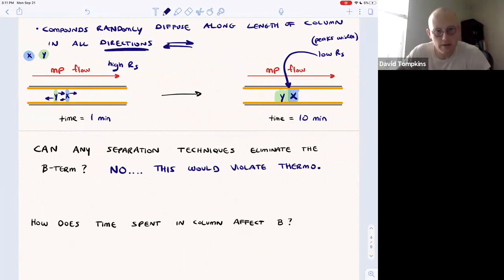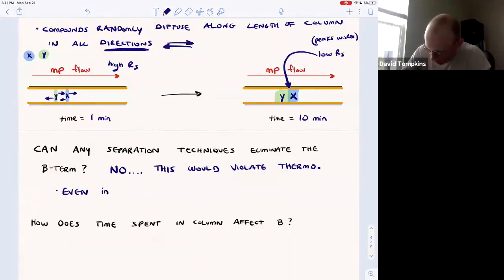So in every separation, even in really, really high efficiency techniques like capillary electrophoresis, the B term still survives and is a contribution to band broadening.